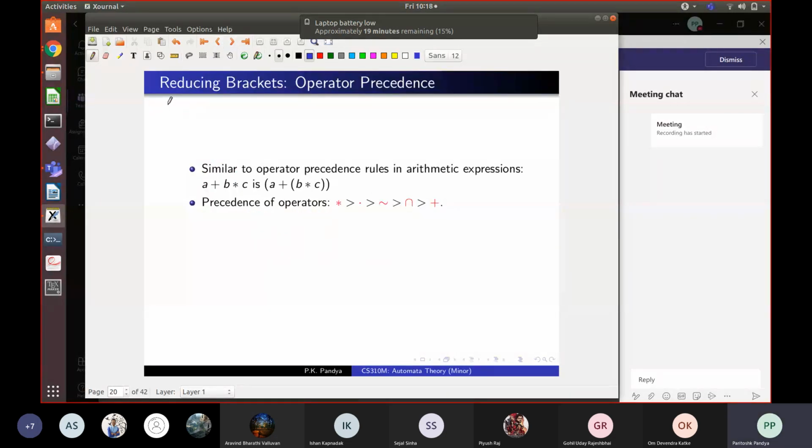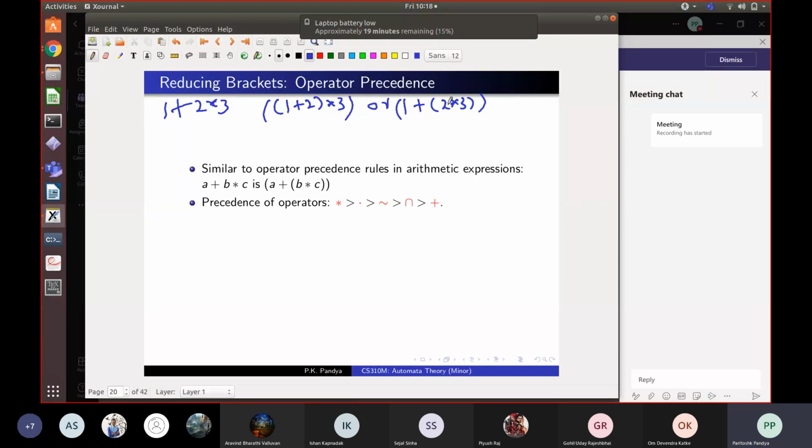Remember, in arithmetic, if we write something like 1 plus 2 into 3, naively we can say that this can be bracketed in one way, or it can be bracketed as 1 plus 2 into 3 with the bracket around the other part.